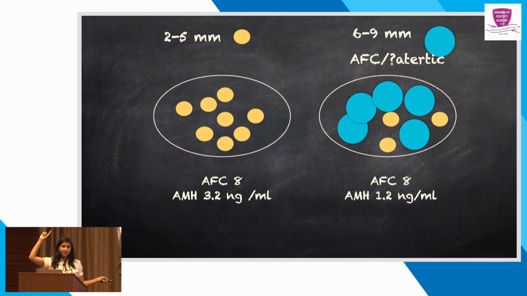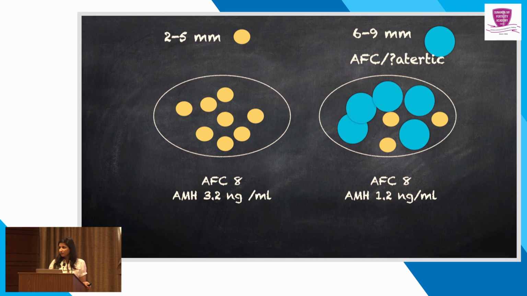Again, going back to our main physiology, between 2 to 8 mm these are the follicles which are actually expressing AMH, but above 7 millimeter, there could be a follicle which is going towards atresia. So in the second scenario, these follicles are around 8 to 9 millimeter, the number is again 8, but this could be a patient who is already stimulated. Let's say the lady is coming to you for a second opinion where she was stimulated by another consultant, and she had a very low oocyte yield, and she says, doctor, I didn't get good oocytes or they didn't form an embryo.